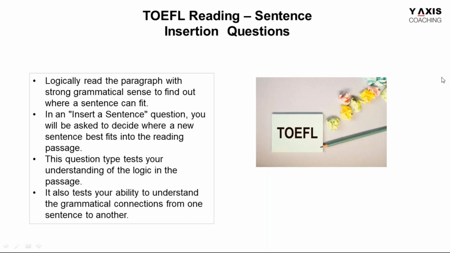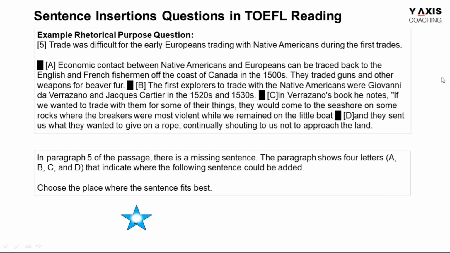A sample paragraph is given to us here. So you can see the question and the additional sentence which needs to be inserted in the below given paragraph. And we have 4 options given as A, B, C and D, which are denoted with squares. Now we need to identify in which square this particular sentence can be inserted.